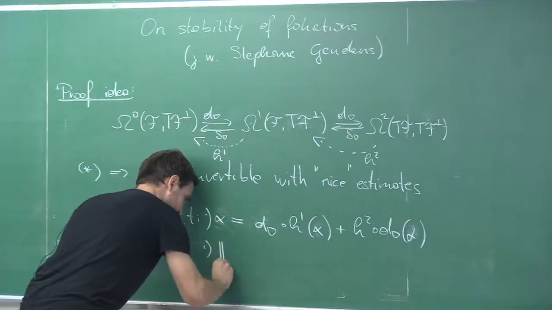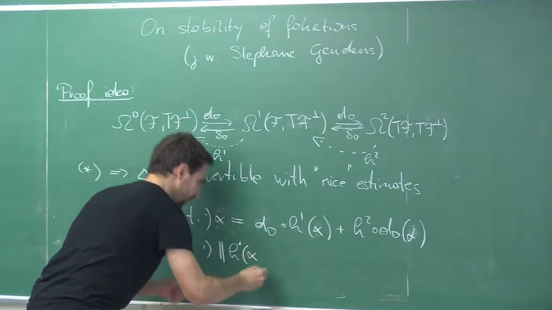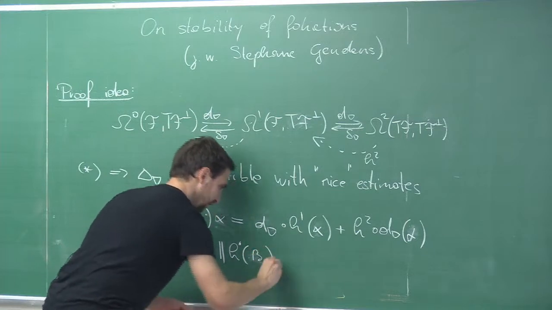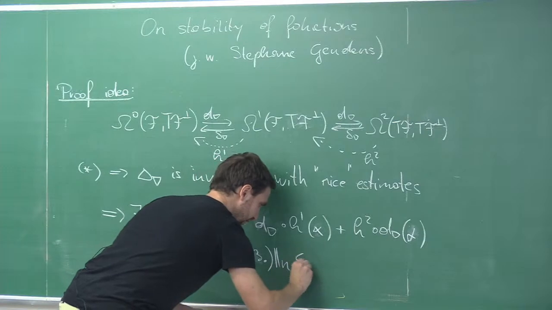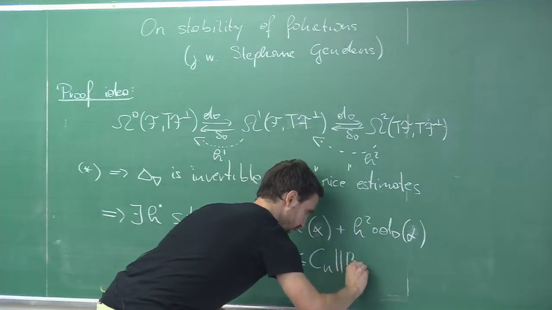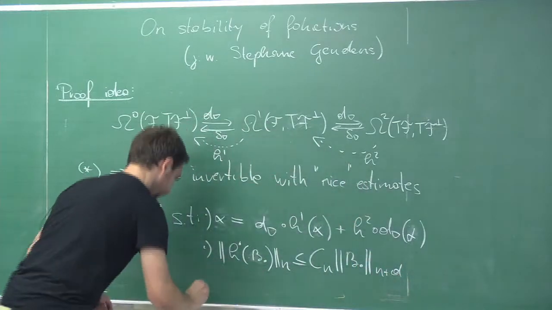That means just that if we estimate H1, H2 applied to, let's say, beta dot, the nth norm of it can be estimated by some C_n times the (n plus d)th norm for some fixed d.